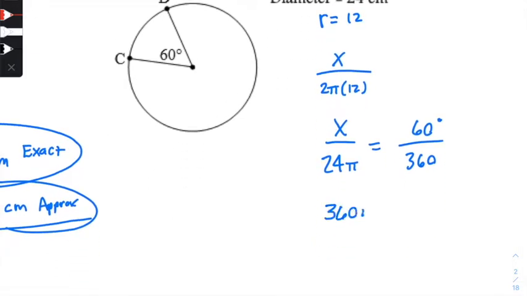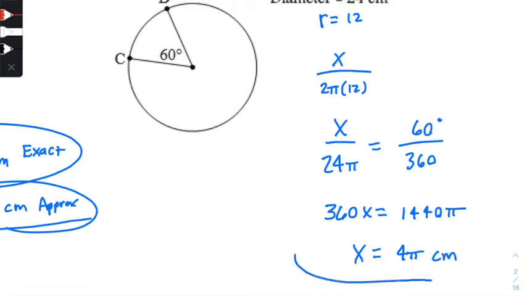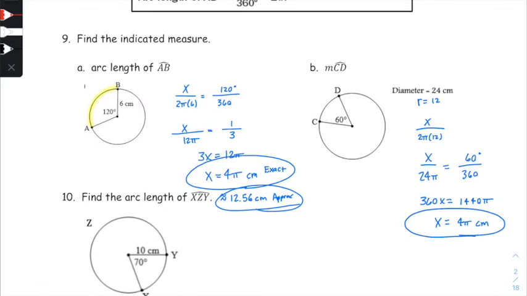I'm going to call that 360x equals 60 times 24, and that's going to be 1440 pi. Then we'll divide that by 360. And that happens to come out to the same thing, 4 pi centimeters. That was a coincidence. That was just because we had a different angle right there, and so it happened to come out to 4 pi.